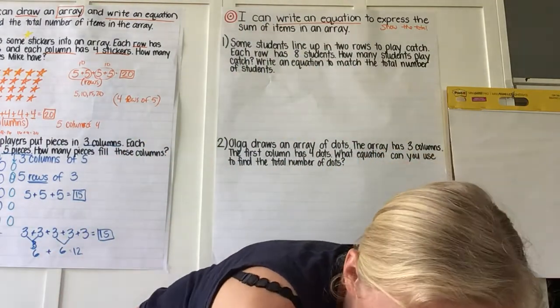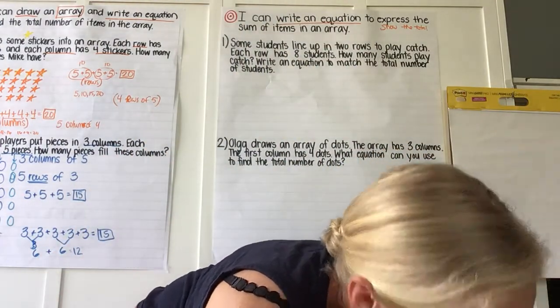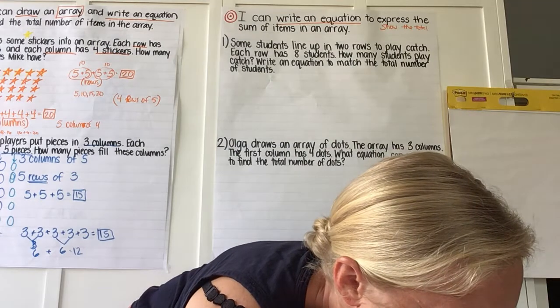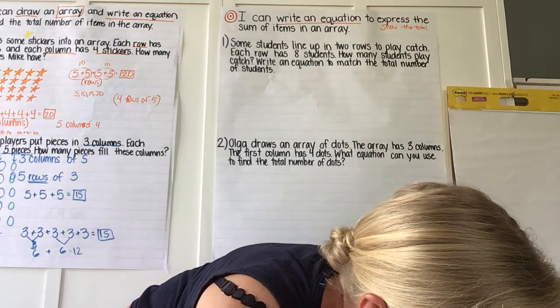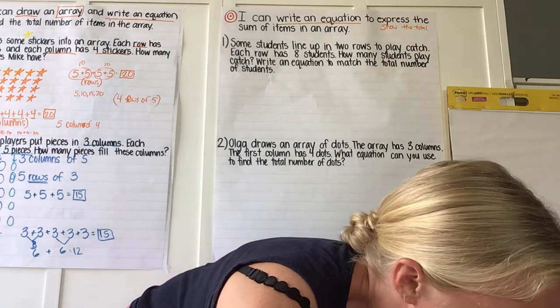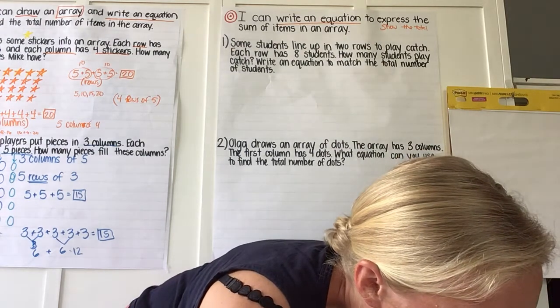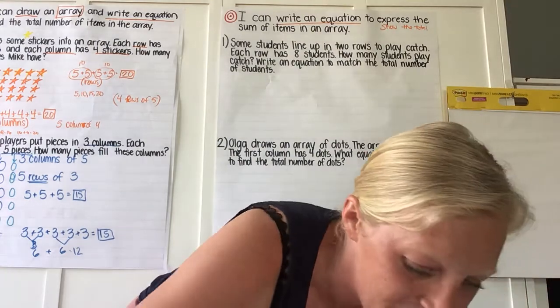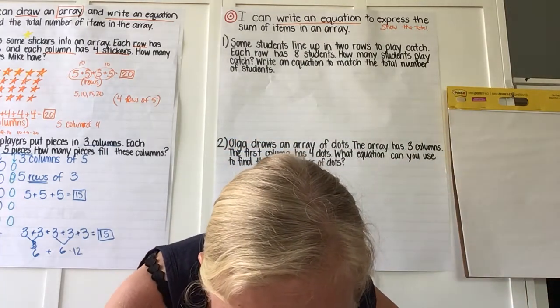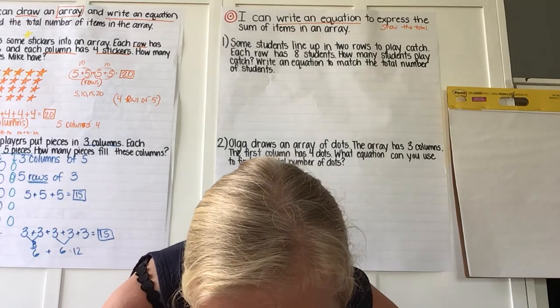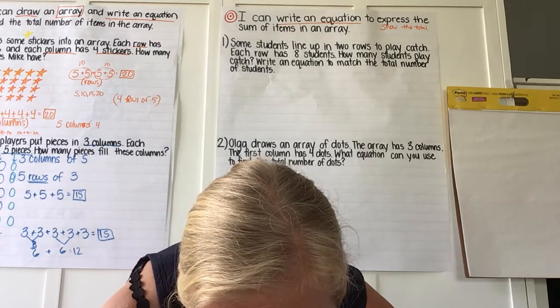What clues in the problem help you know what you're going to add together? It says 2 rows of 8, so then where's that in your equation? Very nice. Is there another way you could add those together? I see your picture. How do you know how many there are altogether?